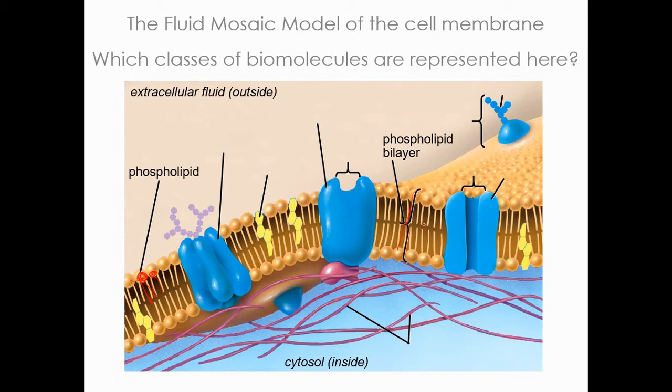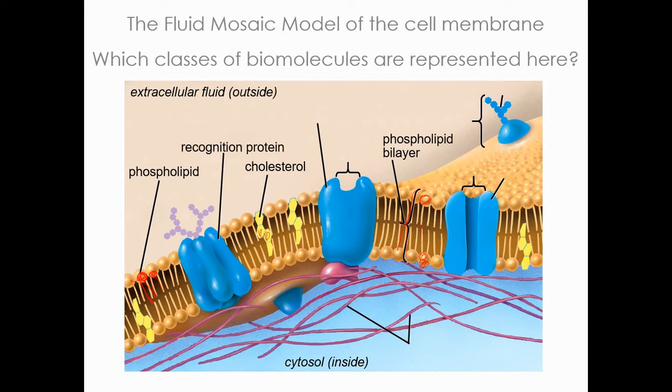The two hydrophobic tails meet, and the polar heads are at the ends. And then you have cholesterol. Cholesterol is helpful for the fluidity of the cell membrane. Okay, it's helpful, and we will go into that later.